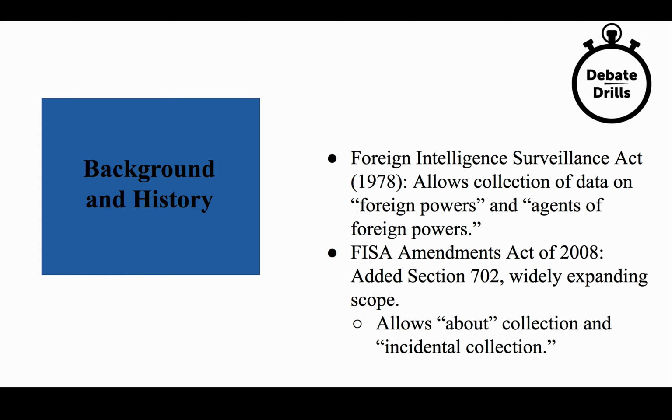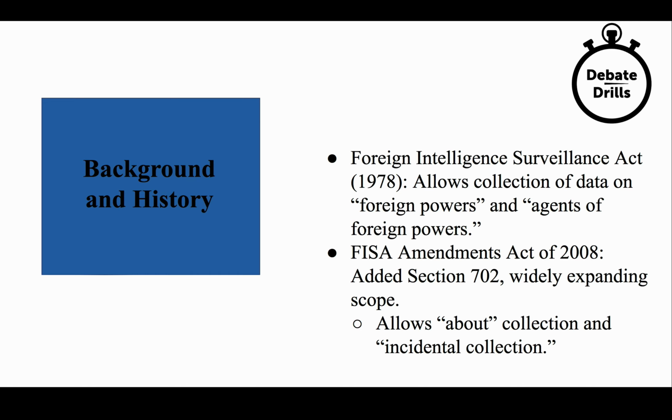So, Section 702 means that, from the standpoint of this topic, information about non-citizens, about non-permanent residents, about foreign entities that have no real connection to the US except talking to somebody in the US, there are ways that could be fair ground for either the pro or the con to affect.